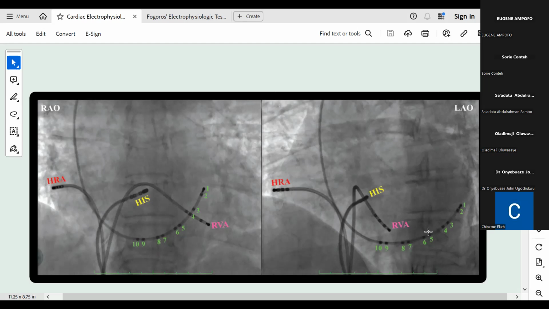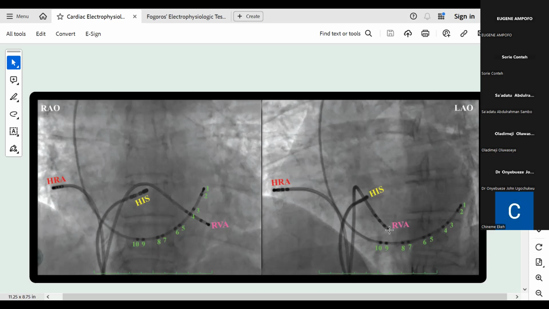That's why some people do CRT and you find their wire in the RVOT. It's because they didn't do LAO. If you've done LAO, and the wire doesn't cross the spine, then you are not in the CS. Number three, that will make you see that this is the LAO view, is that when you're doing LAO, you are looking at the heart from the left side.